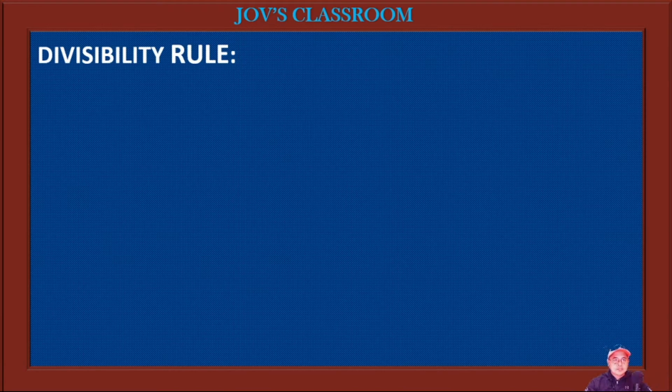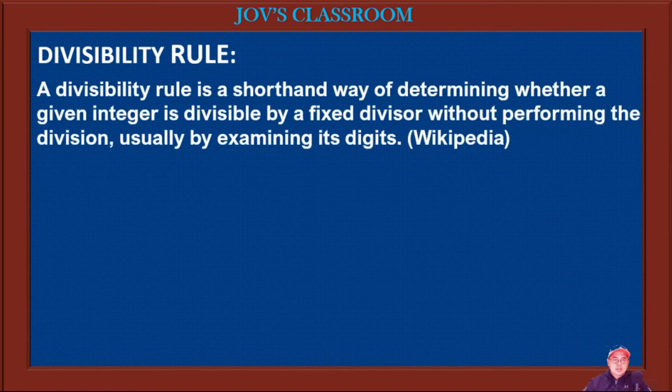All right, so divisibility rule is a shorthand way of determining whether a given integer is divisible by a fixed divisor without performing the division, usually by examining its digits. This concept was taken from Wikipedia.